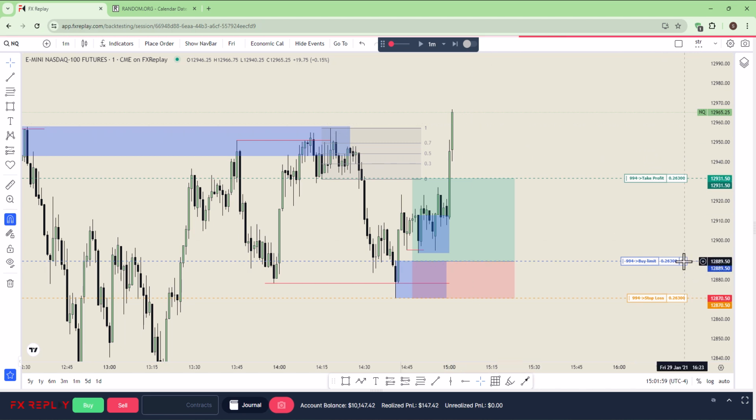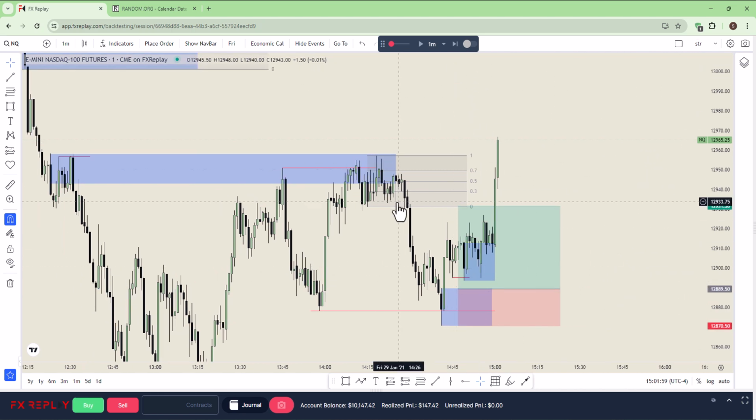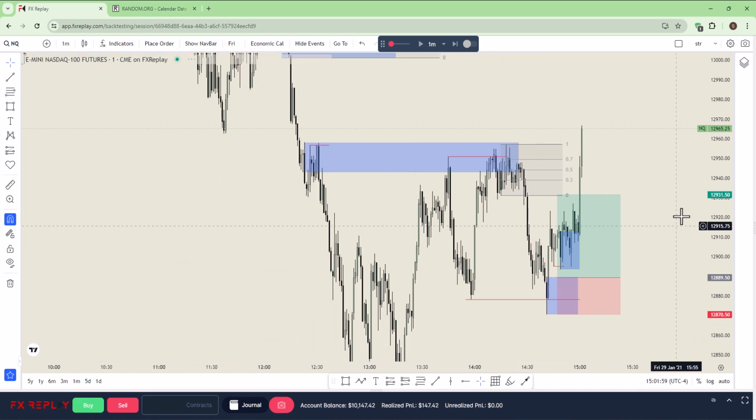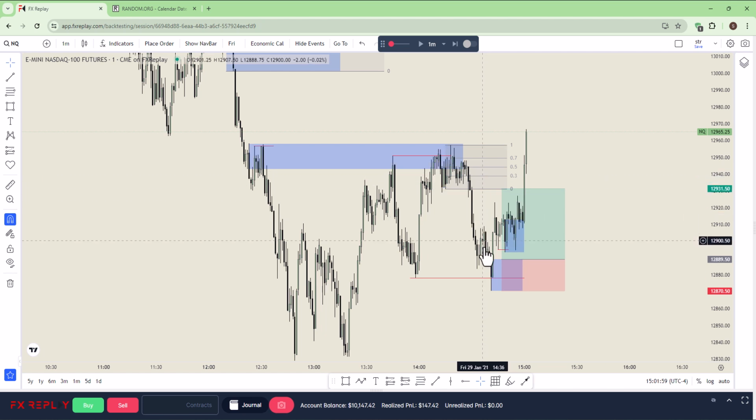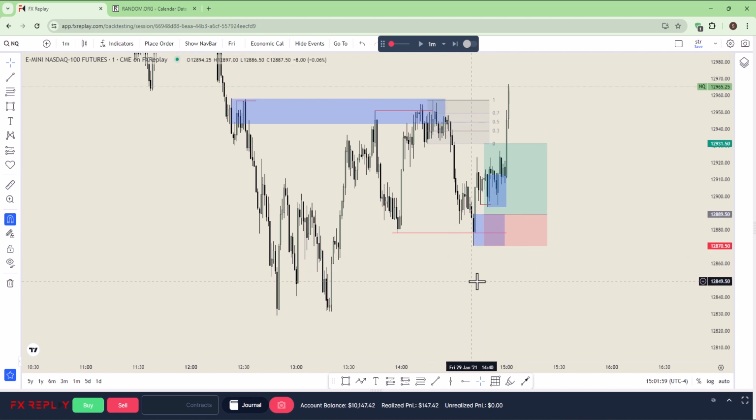So let's remove this one, and as you can see, the previous one has been a loser if we took it, and the red flag was this right here. If you took the trade, and let's say for example we took the trade right here and price was trading lower, our target maybe was something like this, and you see this happens, you better get out of that trade, right?